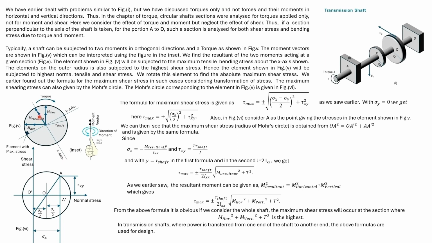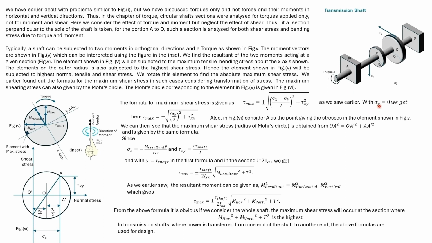We find the resultant of these two moment vectors. The maximum bending stress will be at these 2 points on the radius. Using the stresses acting on this element, we can find out the maximum shear stress by this formula.